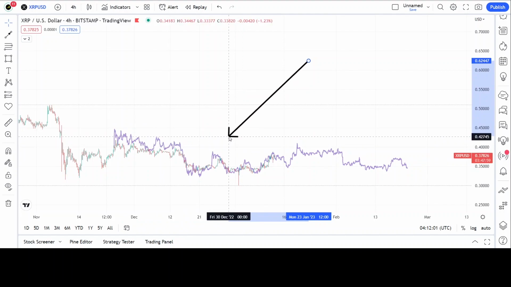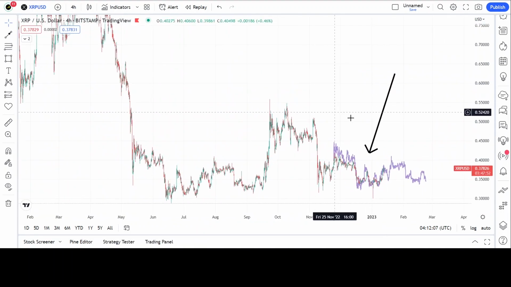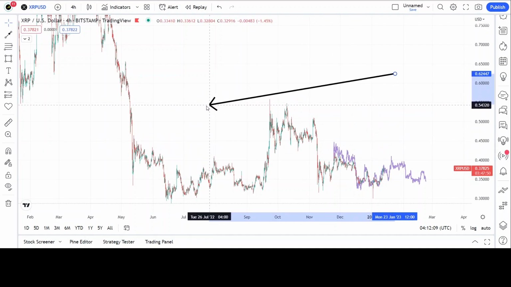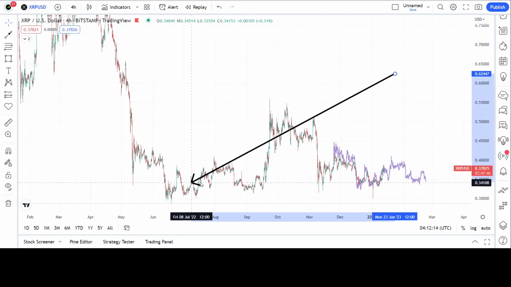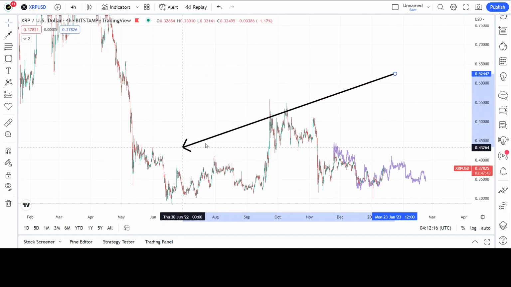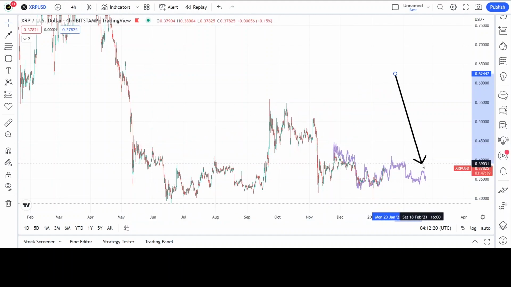Now, why does it match if I'm pulling from the wrong time? Well, when a structure plays out, there can be a lot of similarities within a certain smaller time range. So this is going sideways. It's range-bound. It's going sideways. So is this. So you have that in common.